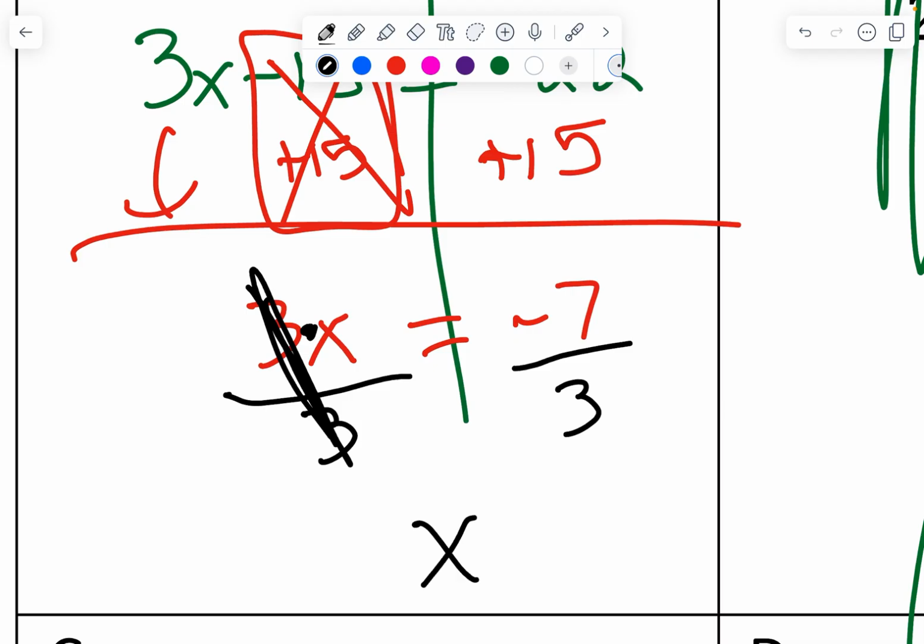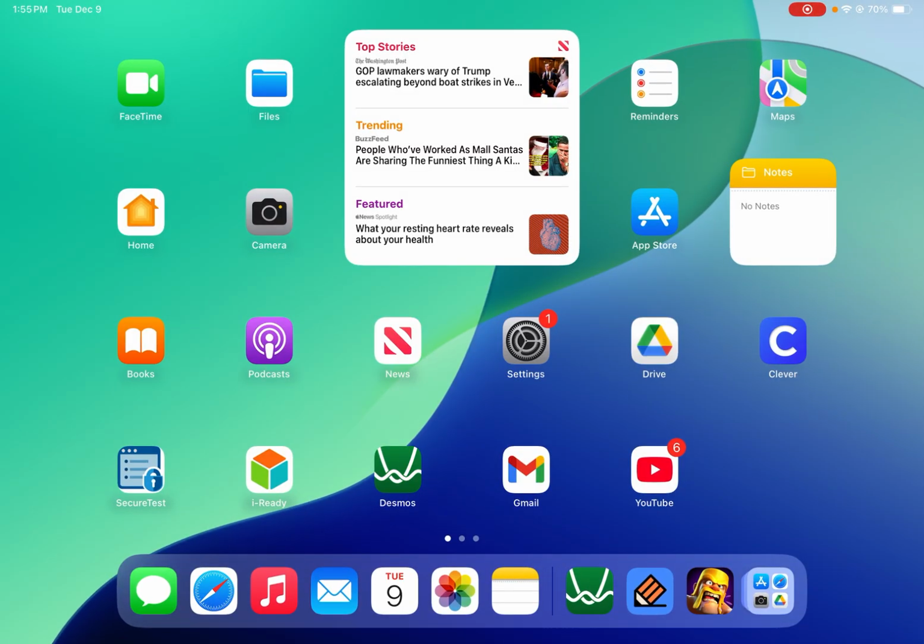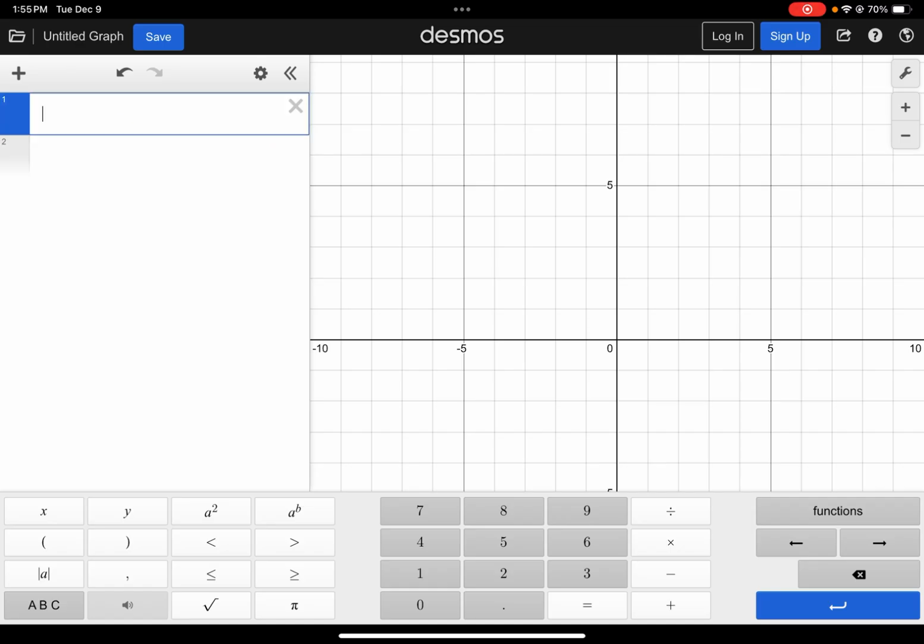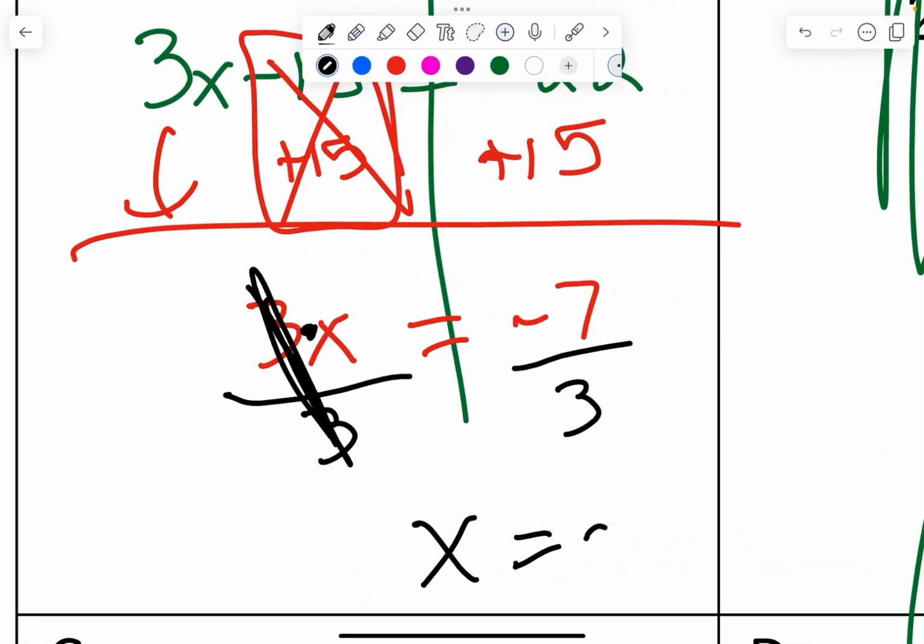Now, from here, you guys just throw this in the calculator. Negative 7 divided by 3. So negative 2.33333. Okay?